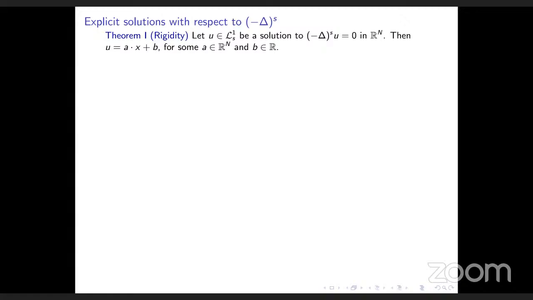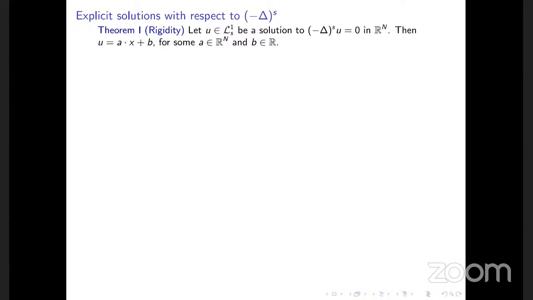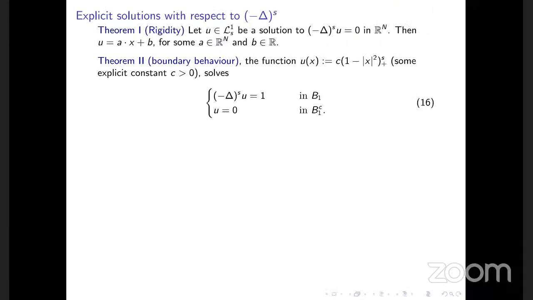So another rigidity result was proved by Blumenthal, Getoor and Ray.